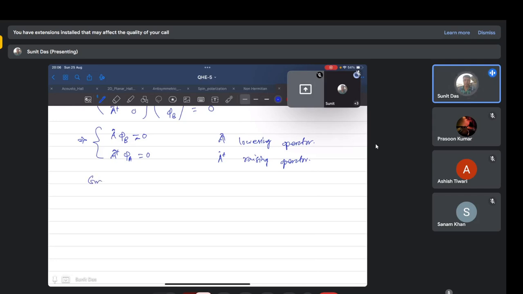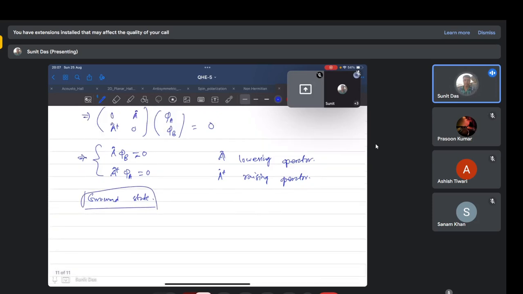So for the ground state, what do we need? If we apply the lowering operator to some phi b, phi b can be any nth harmonic oscillator wave function, where n goes 0, 1, 2, 3, 4. So what are the possibilities for the ground state?